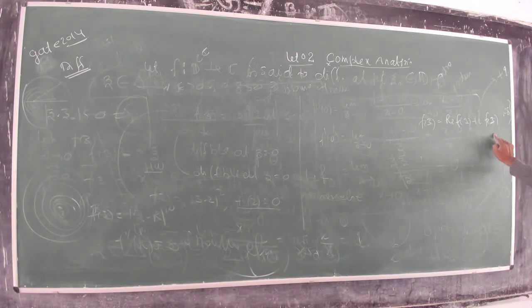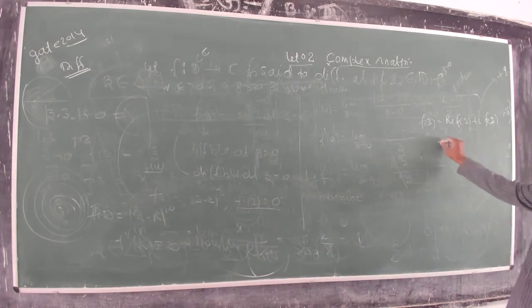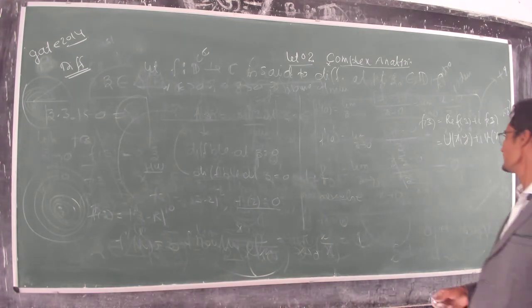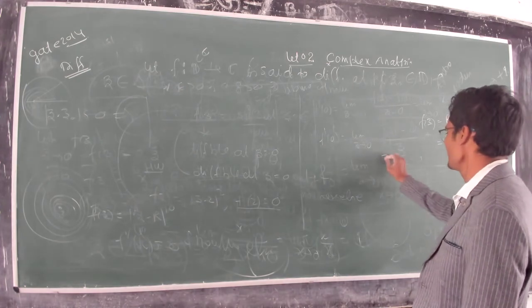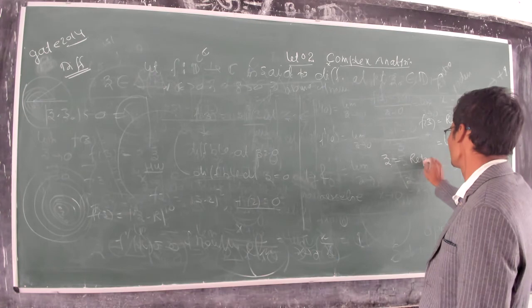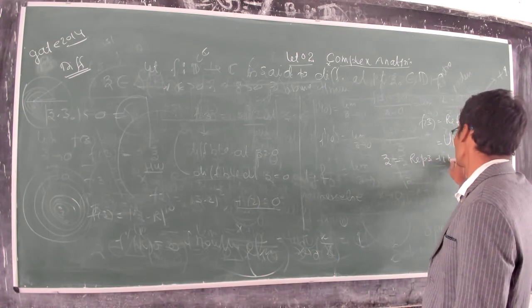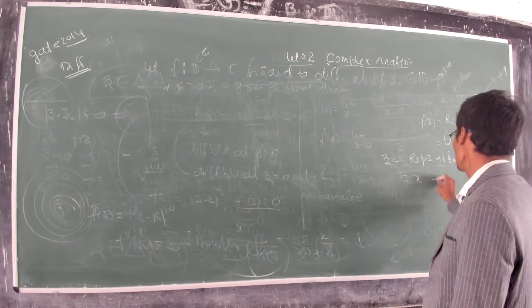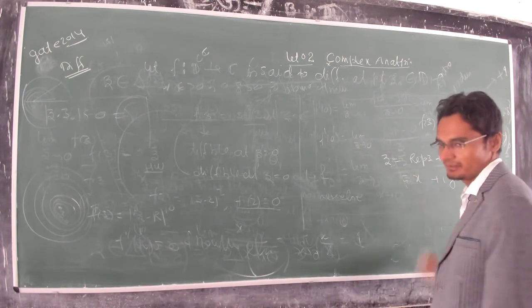For our convenience I can write u(x,y) plus iota times v(x,y). For example, if I am writing z, then the real part will be x, and this will be y.